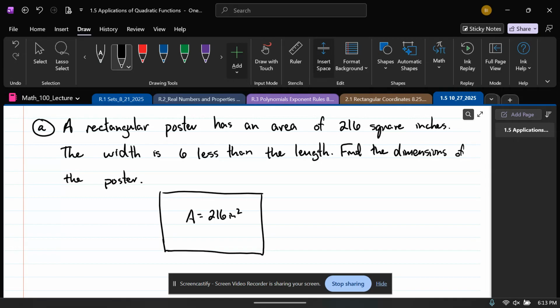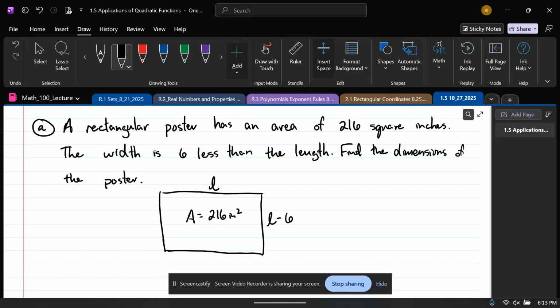Do I know the length of my poster? No, so I'm going to call it L. Do I know anything about the width? How could I write that? L minus 6 would be the right way. Length minus 6 would be the width.